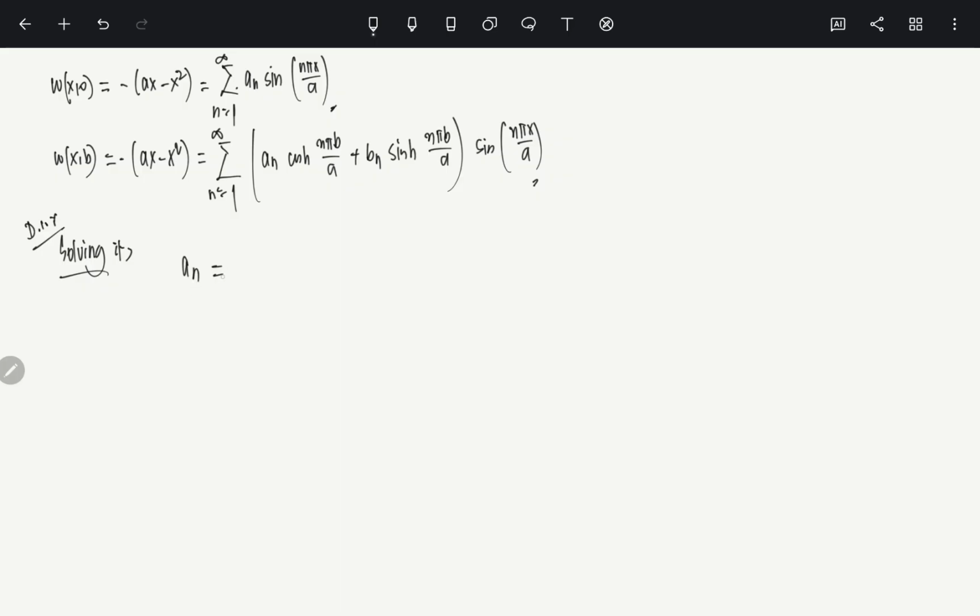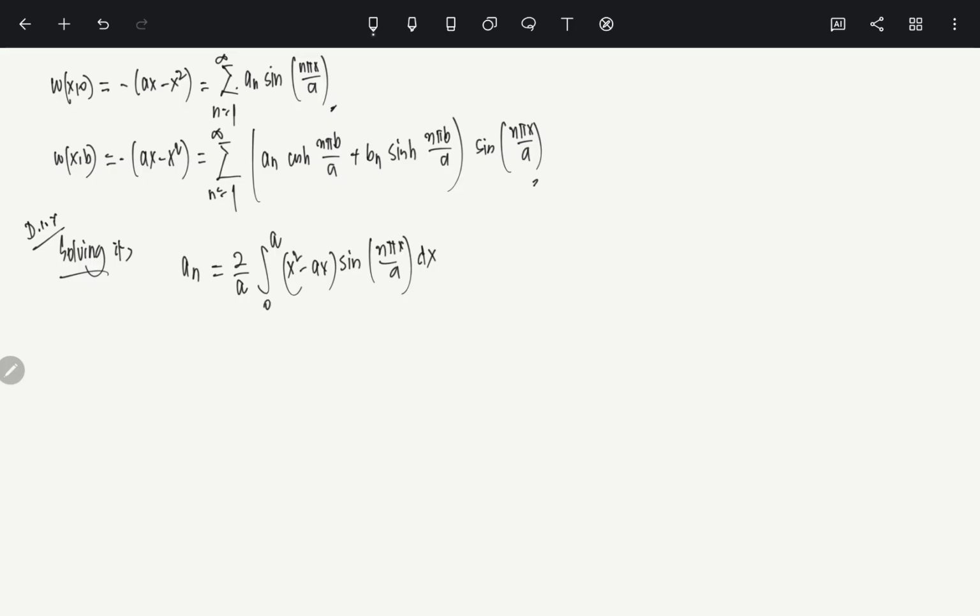What is an? An is nothing but 2 by a, Fourier sine series, right? Integral 0 to a of x square minus ax, you remember, f of x times sine of n pi x by a dx.